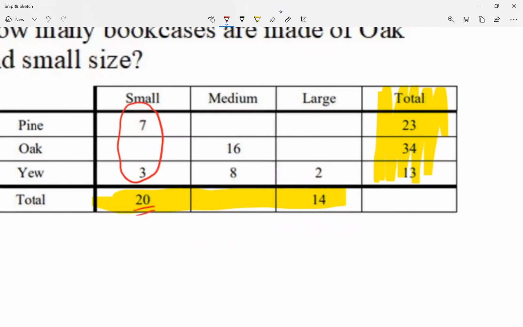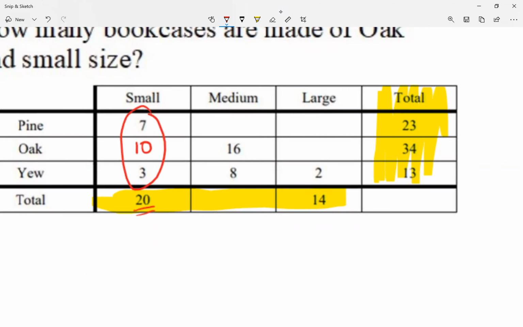I know 7 are pine and 3 are yew, so there must be 10 oak small furnitures. Where did the 10 come from? The small numbers have to add up to 20, so the total is basically a simple addition.